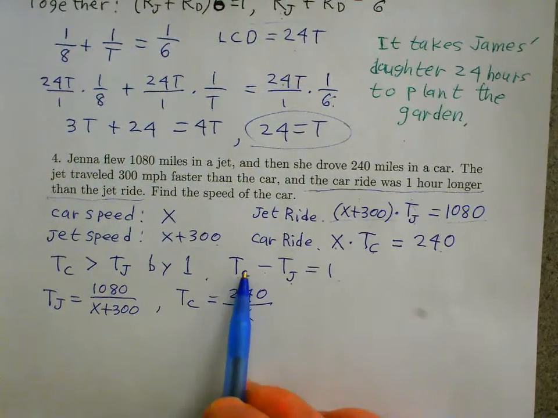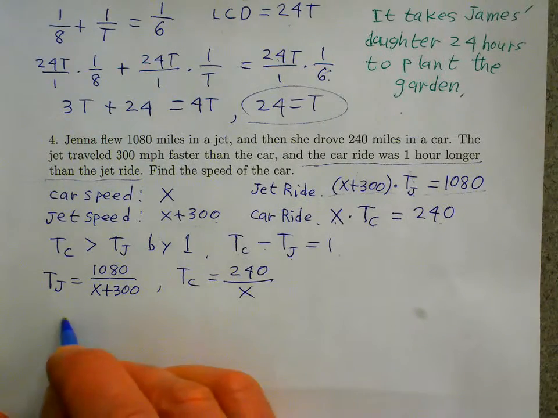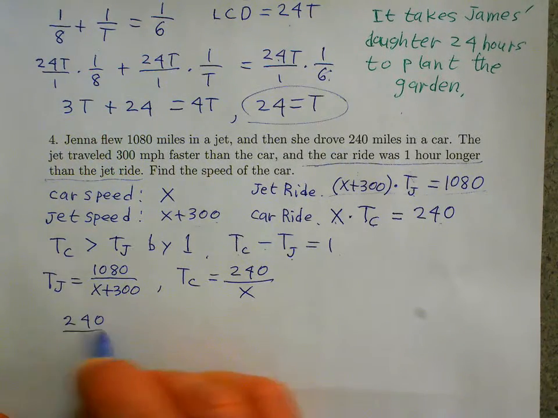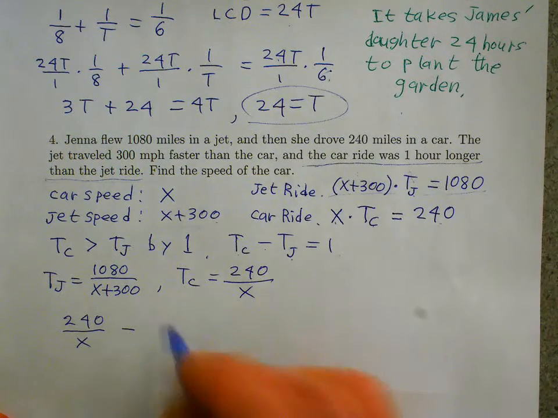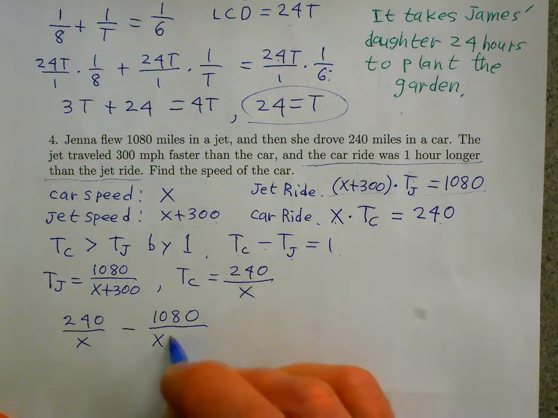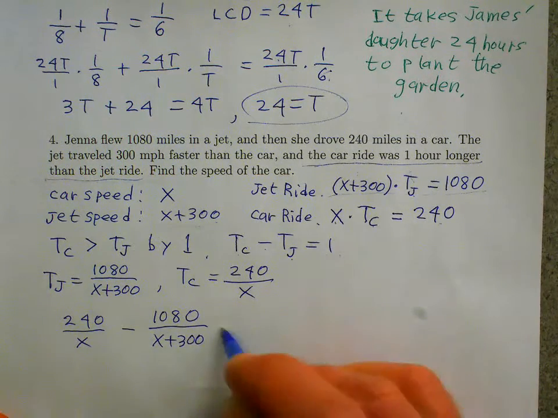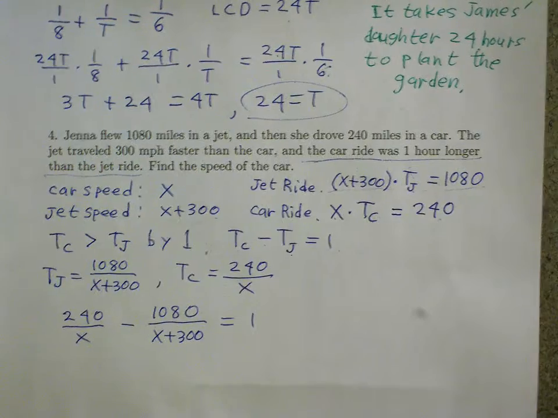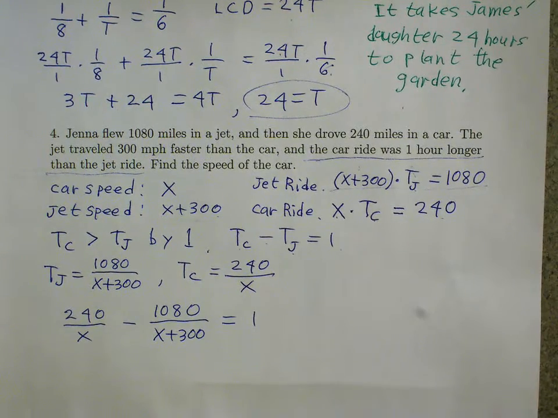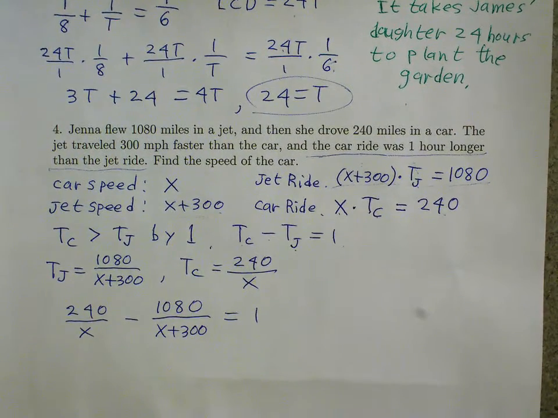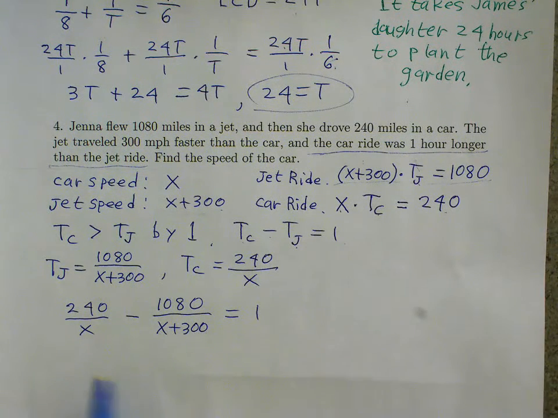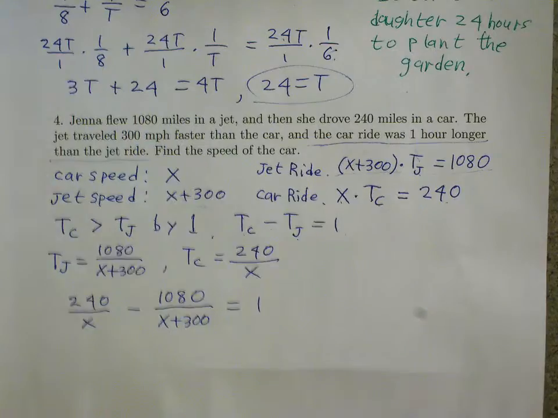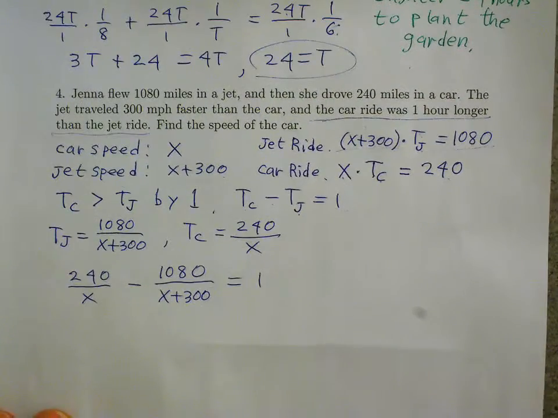So by substitution, we get 240 divided by x minus 1,080 divided by x plus 300 equals 1. Okay, so finally we have an equation whose only variable is x. It's an equation with rational expressions.